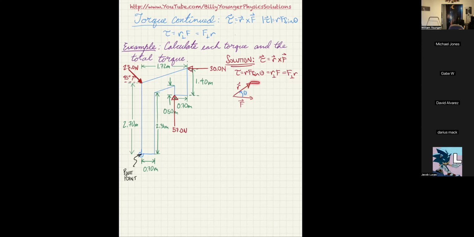And if you remember your theorems from calculus, you can complete a parallelogram like this, and the area of that parallelogram is the length of the base times the perpendicular height. So you can see again, r sine theta gives us the perpendicular height of the parallelogram. So in fact, RF sine theta is the area of the parallelogram.